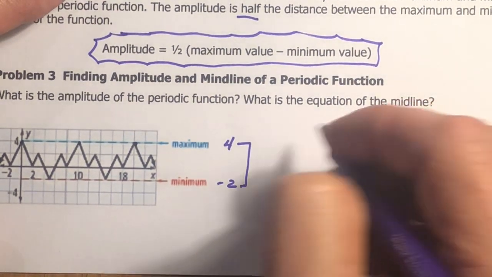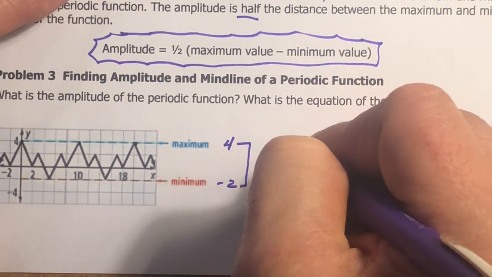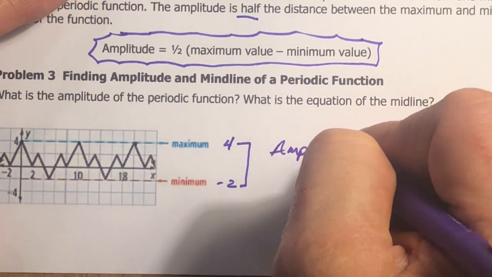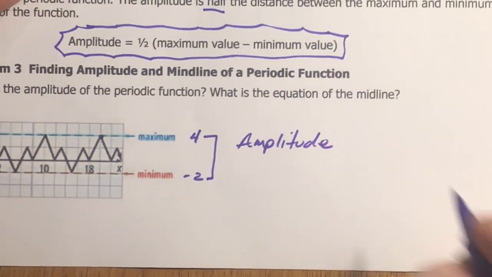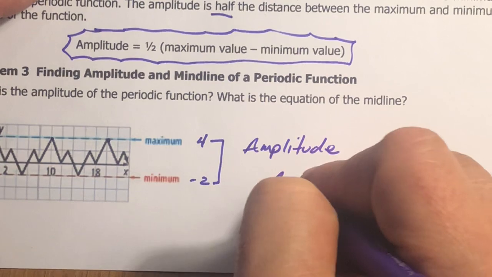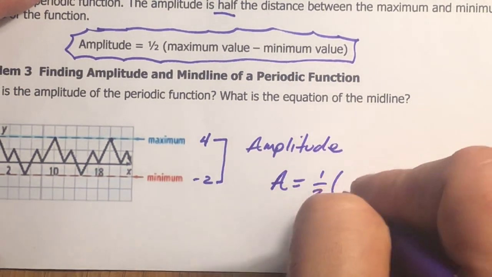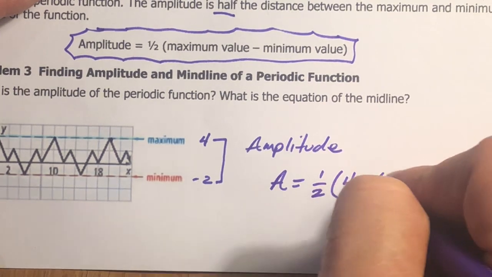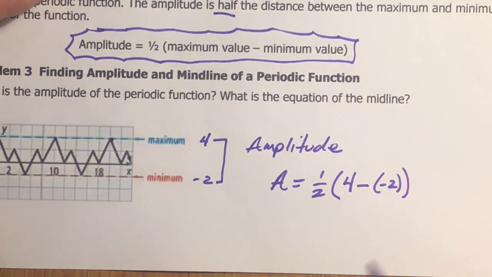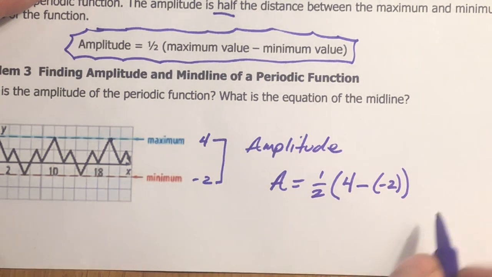Now, to find the amplitude, I'll just use A for amplitude. We're going to take 1/2 times that maximum value, 4, minus that minimum value. Be careful, because you have to subtract that -2.